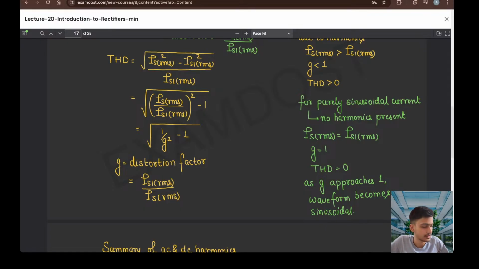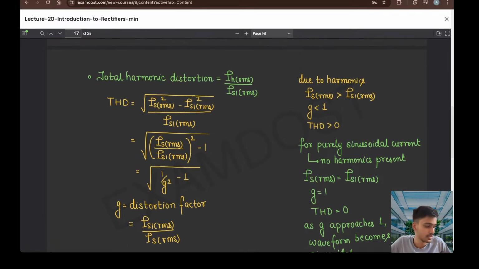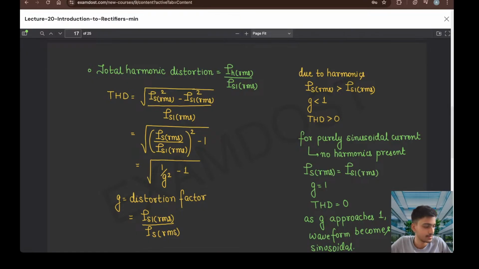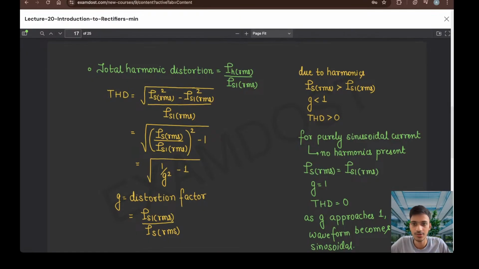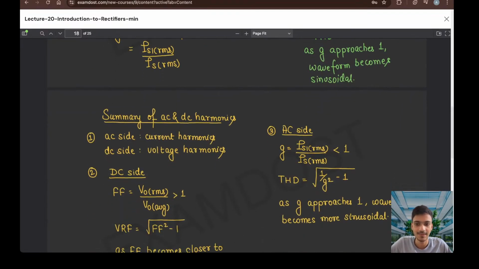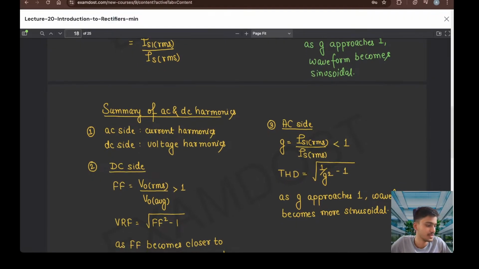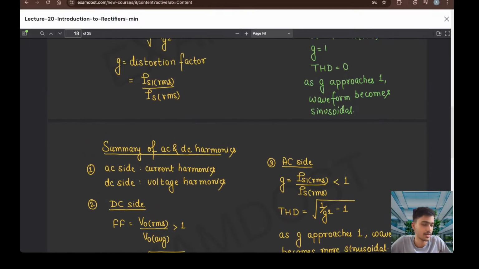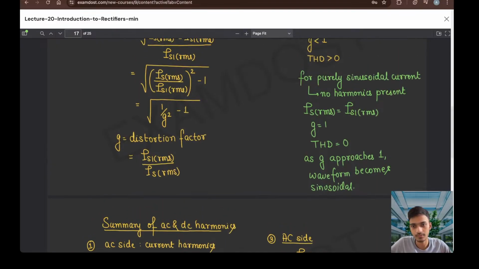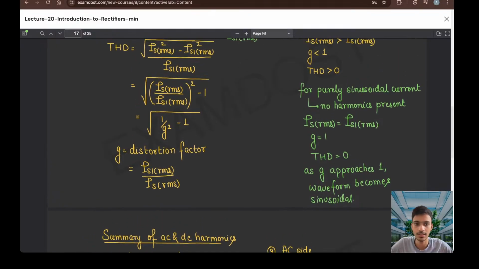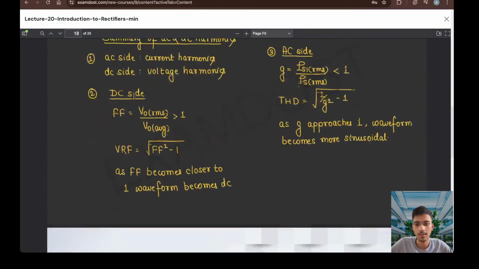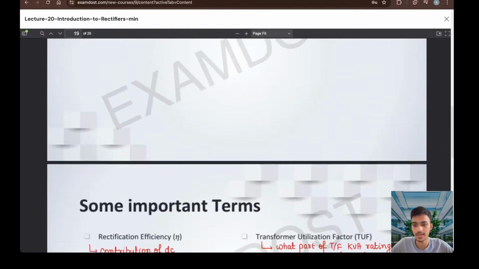Okay, and THD, total harmonic distortion would be the square root of 1 by G square minus 1. ठीक है, समझ गए. और वो लेस देन वन होगा. यहाँ तक तो सब कुछ समझ में आने लगा है.